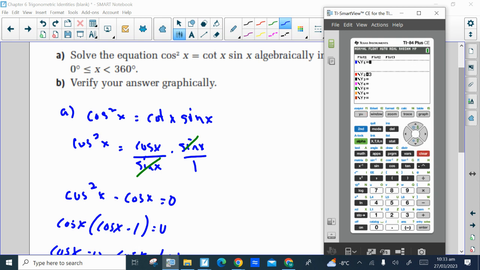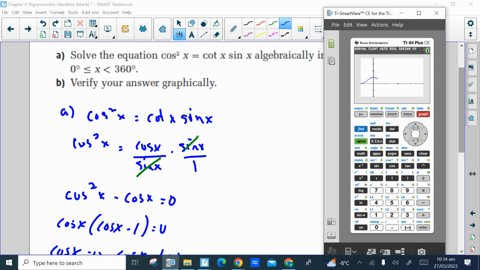The left side will be y1, the cosine of x all squared. The right side will be y2. We don't have a cotan button, but we can go in brackets 1 divided by tan of x, times the sine of x. This is where we're also going to see any non-permissive values that we have, right?